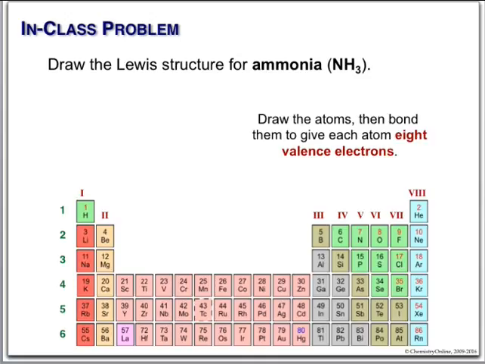So nitrogen is here in group 5. Hydrogen is group 1. What we're working with looks like this. Nitrogen in the middle with 5 little dots around it. 3 hydrogens with 1 electron each.